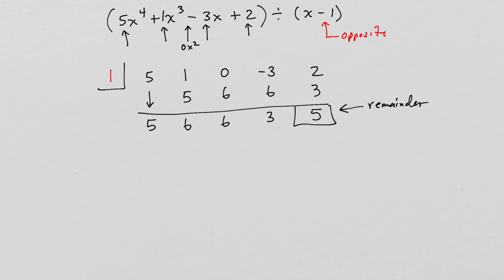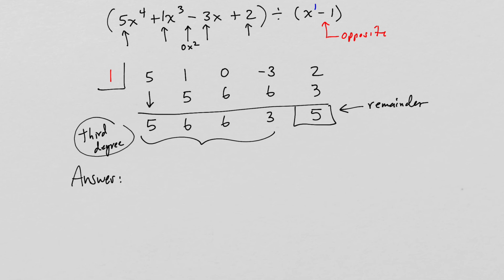This is our remainder, and this represents our quotient. So what is our answer going to be? Well, again, you had a 4th degree, and you divided it by a 1st degree. So our answer is going to be a 3rd degree. When you use synthetic division, your answer is 1 degree less than the degree you start with here.